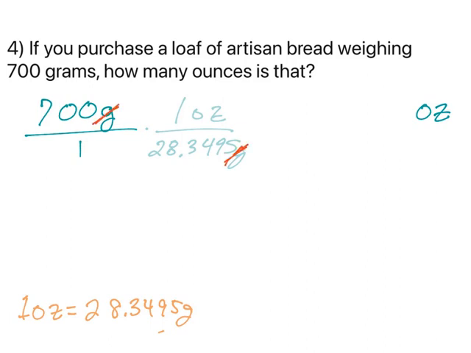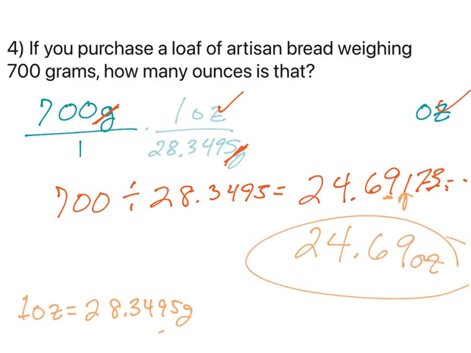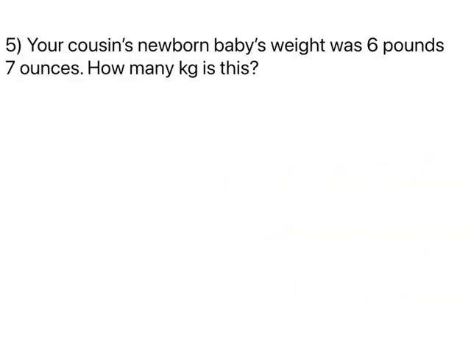So my grams cancel out. I'm in ounces, so I can just divide. 700 divided by 28.3495, and I'm going to get an ugly answer of 24.69179, I don't know, a bunch of stuff. So round to the nearest hundredth. 1 tells me to round down, so 24.69 ounces.